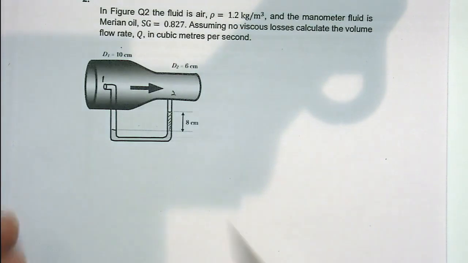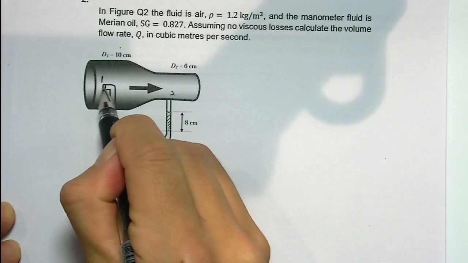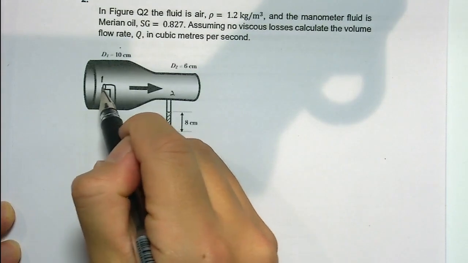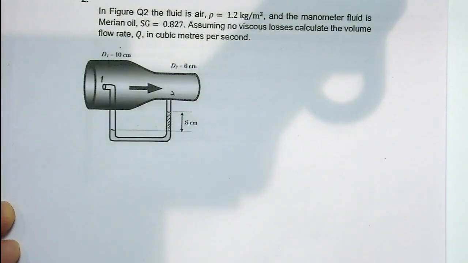Because all the pressure here hits the pipe and makes it the stagnation point. So the pressure we have is stagnation pressure. So actually the 8 centimeters height difference is caused by the difference between the stagnation pressure at 1 and the static pressure at 2.